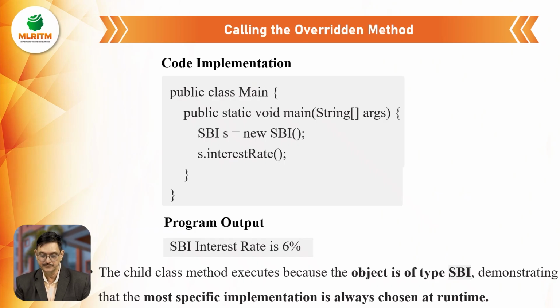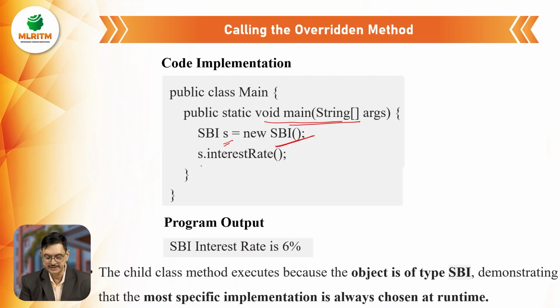So finally, let's go through how this method we created in the main method works. We created an object of the child class type SBI, so S is going to be the child object.